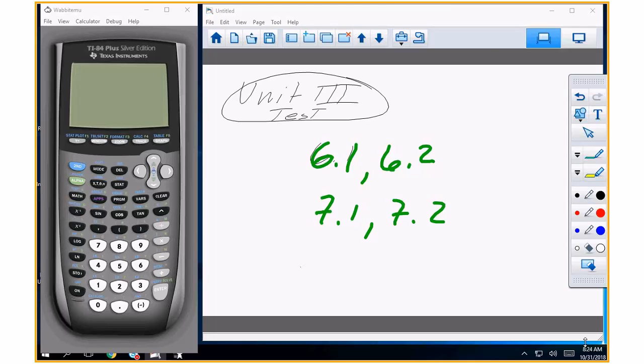Okay? And we covered 6.1. 6.1 is how to find the probability distribution, the mean, and the standard deviation. 6.2 is what? NP what? NPX, NP, and NPQ.